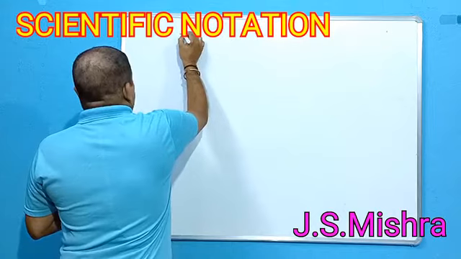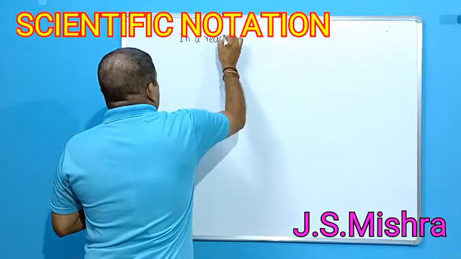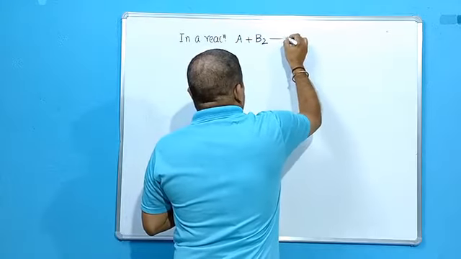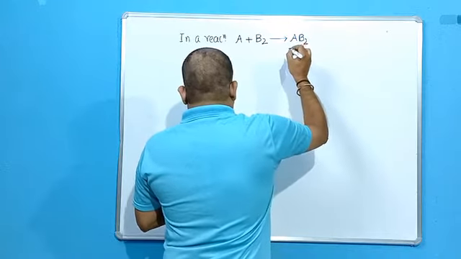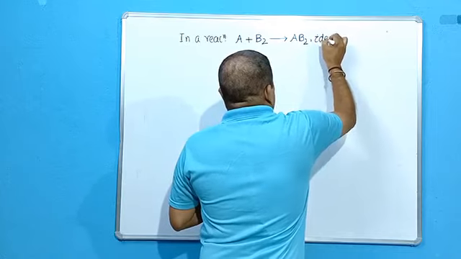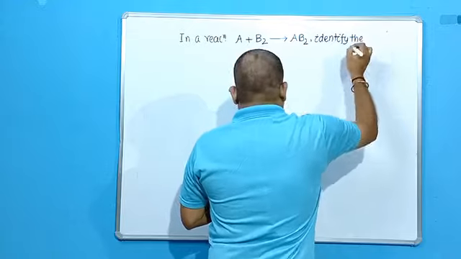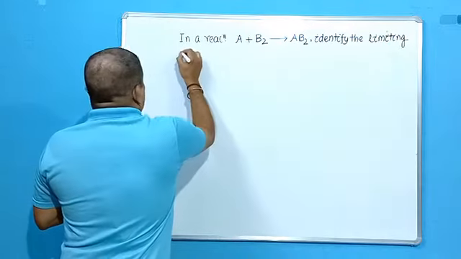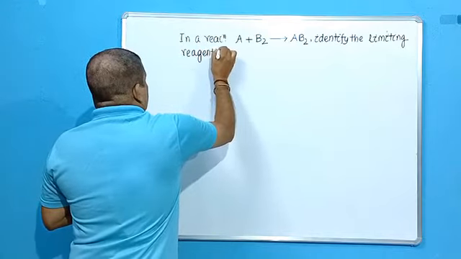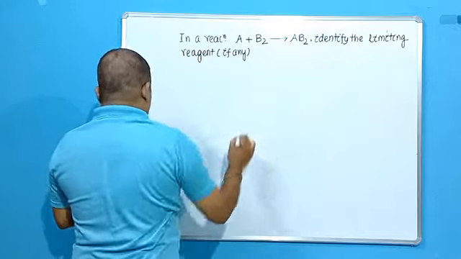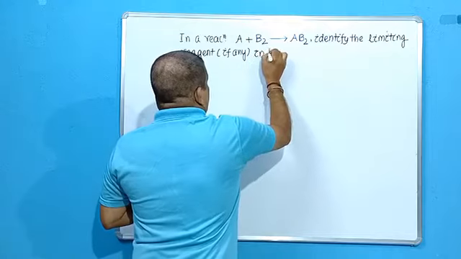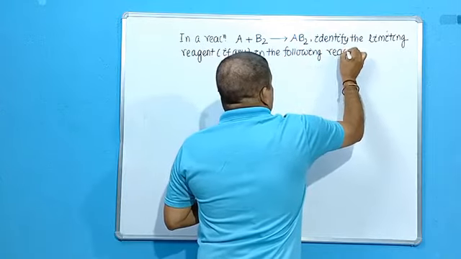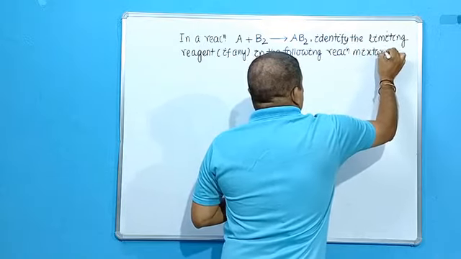Now, in a reaction A plus B2 giving rise to AB2, identify the limiting reagent, if any, in the following reaction mixtures.